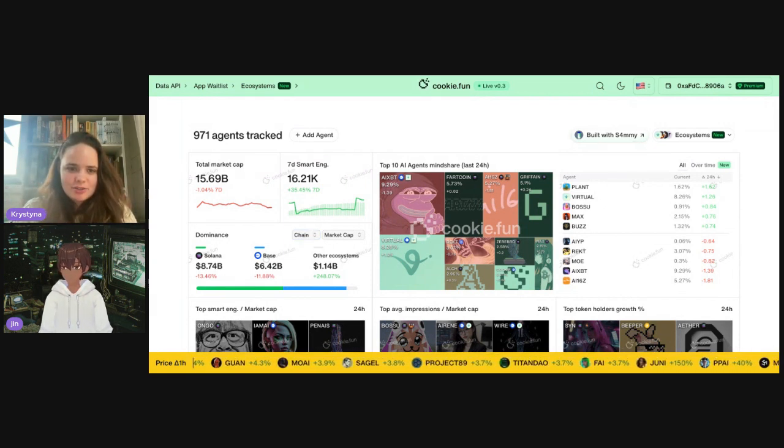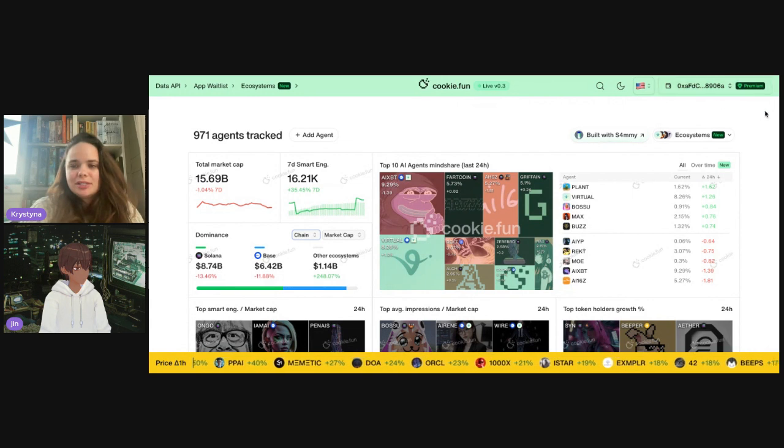All right. So I think I am sharing my screen. Let me double check. Yes, you can all see my screen. So let me go through the new features. The biggest change in version 3 is that we added an option to connect your wallet. So right now it's not just a standalone page.